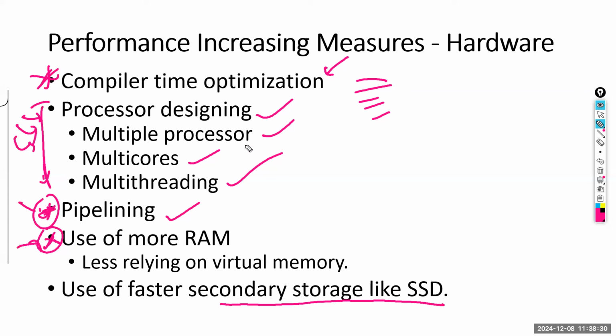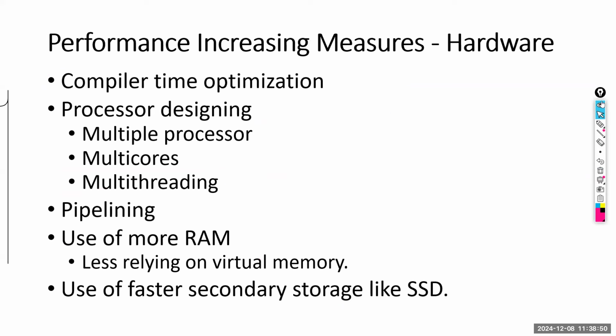So we have some control over hardware, RAM, and maybe we can think of the architecture, whether it can do pipelining and so on. So let's look at certain things we have better control over, especially selecting hardware.